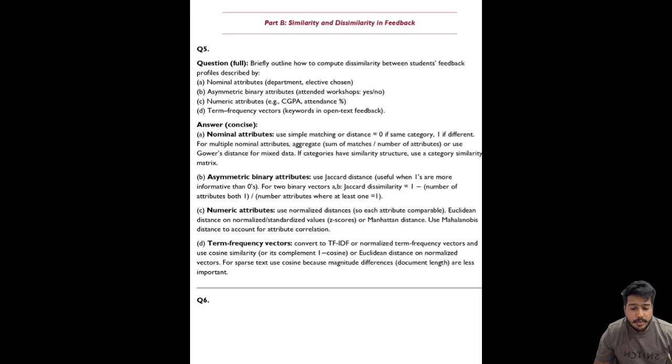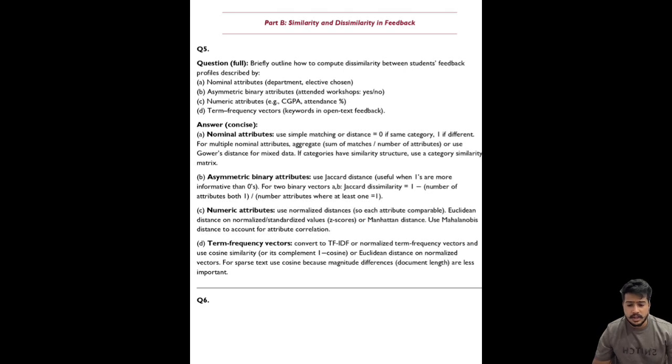Aggregate the sum of matches over the sum of attributes, or use Gower's distance for mixed data. Now, if the category has a similarity structure, use the category similarity matrix.